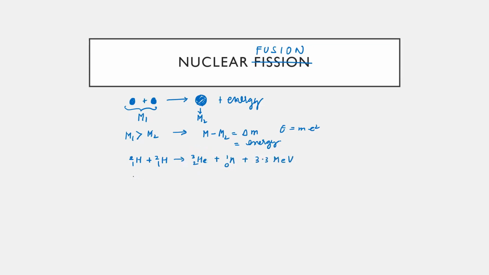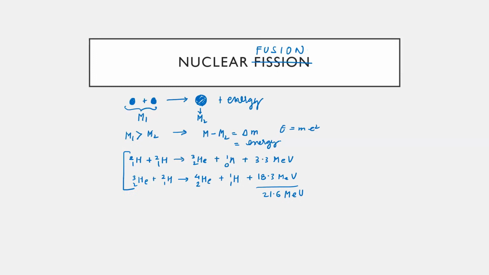Now this helium isotope in turn absorbs another hydrogen, and it becomes a helium atom, and it gives out a proton, plus 18.3 mega electron volt. That means a total of 21.6 mega electron volt of energy is given out. So this is one example of nuclear fusion, which you need to learn.